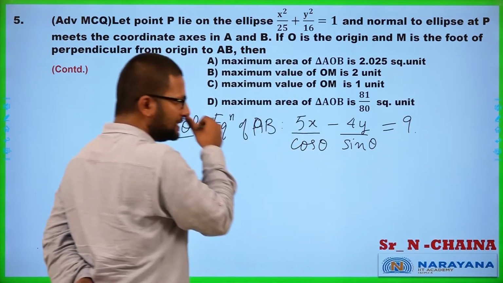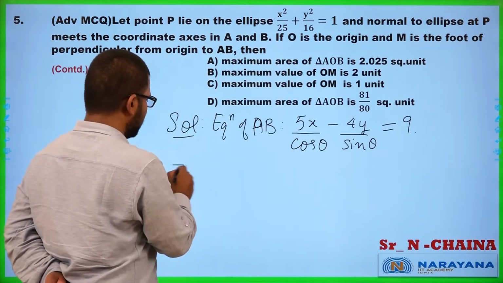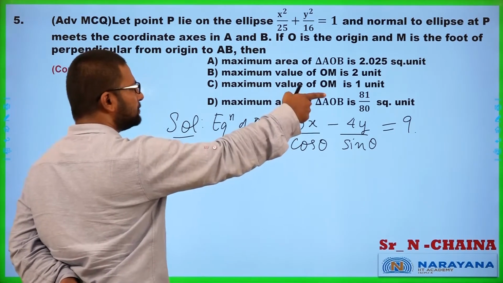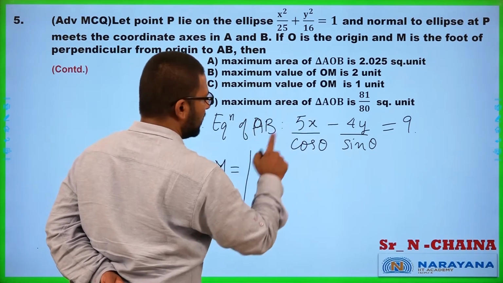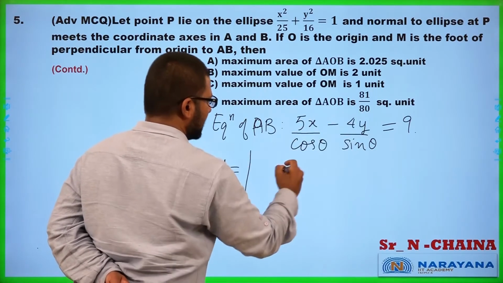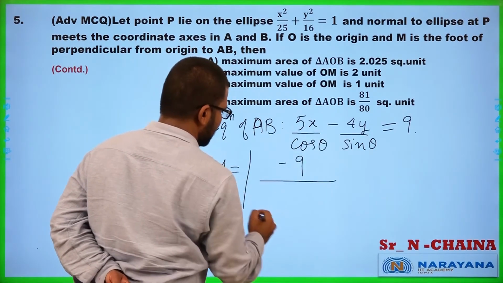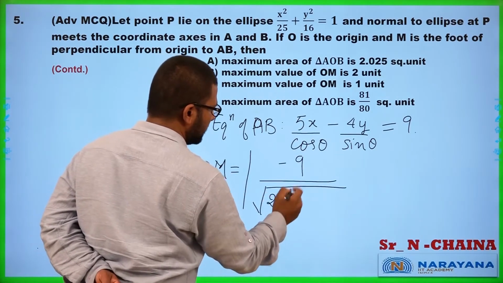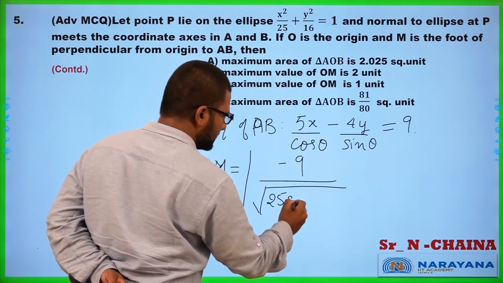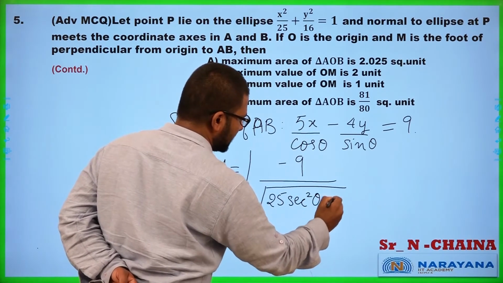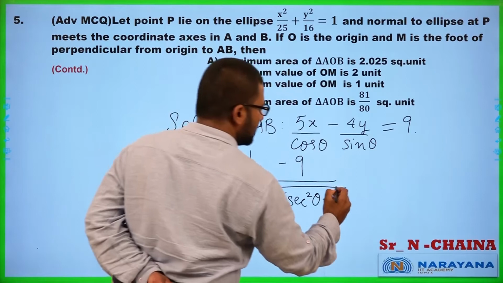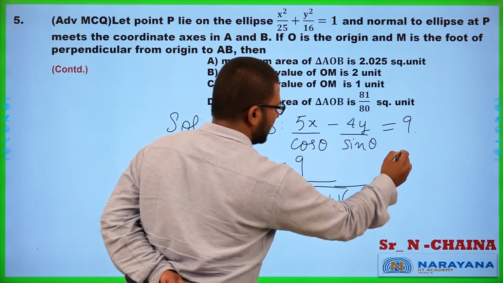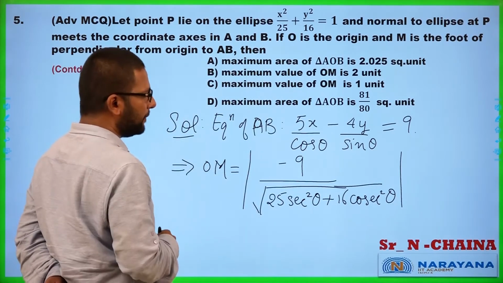OM is simply its distance from the origin. So directly substitute the origin here: mod of minus 9 divided by root of 25 upon cos square theta plus 16 upon sin square theta, which we can write as 25 sec square theta plus 16 cosec square theta. Alright, this is OM.